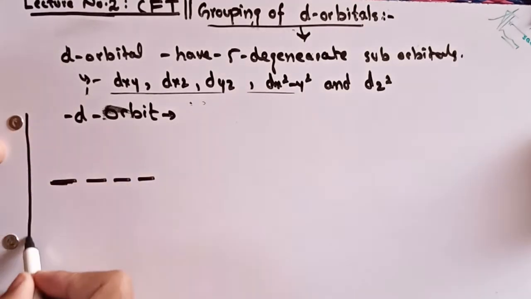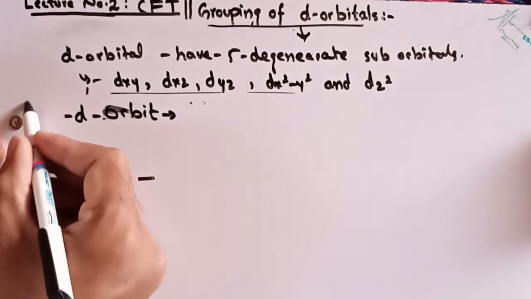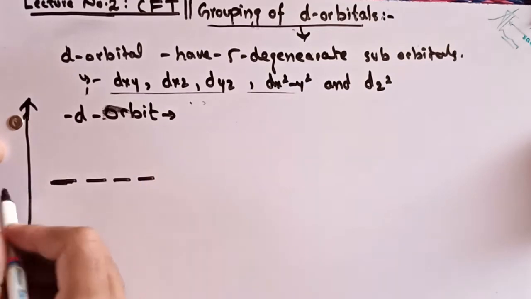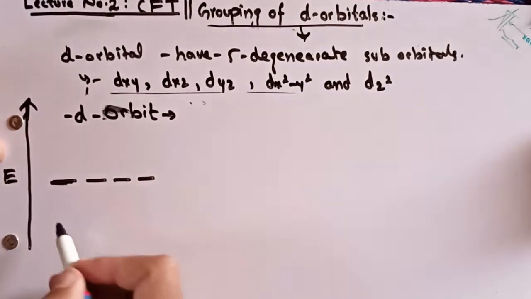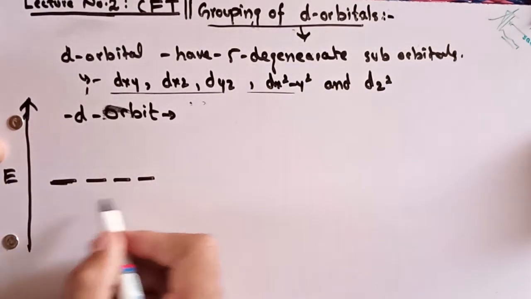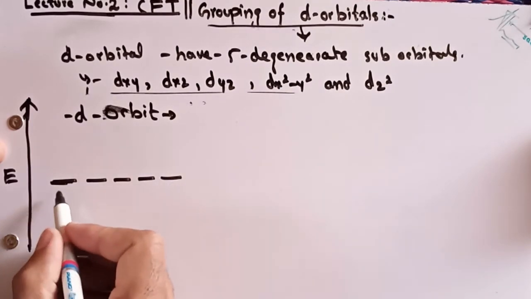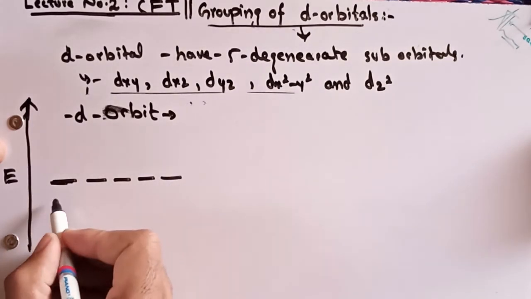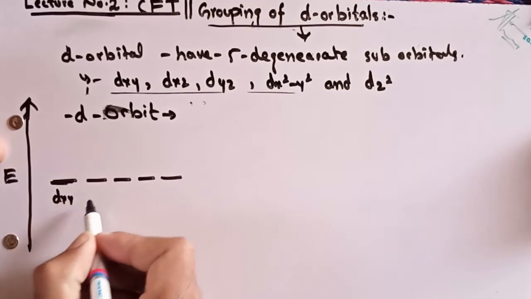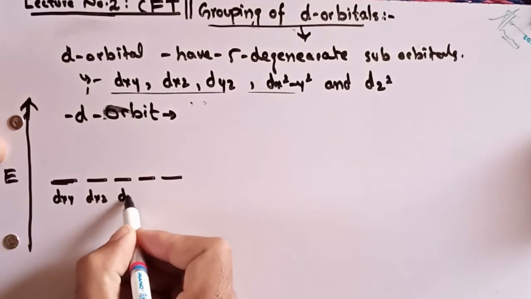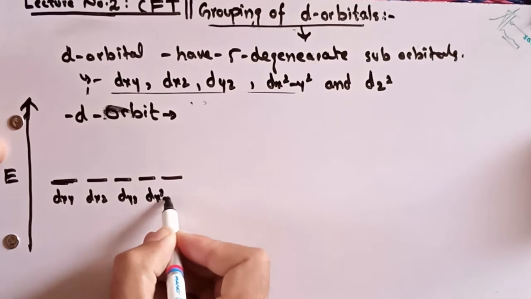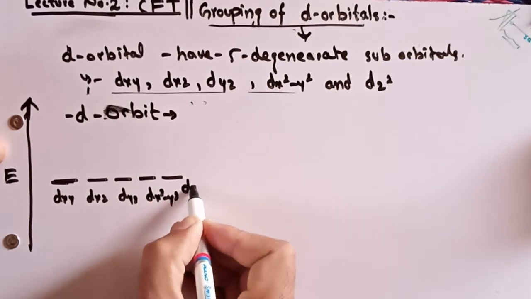This is the energy graph, with energy increasing upward. The central metal atom has 5 degenerate orbitals: dxy, dxz, dyz, dx square minus y square and dz square.